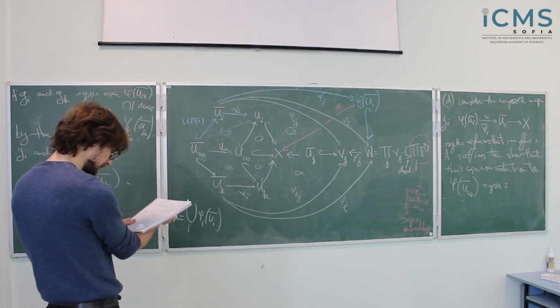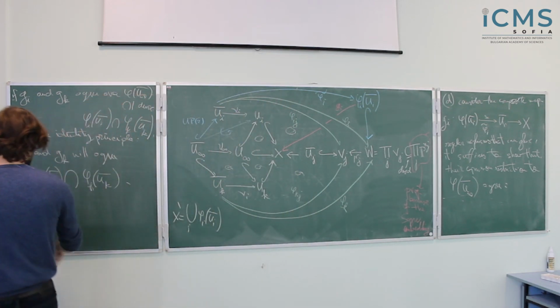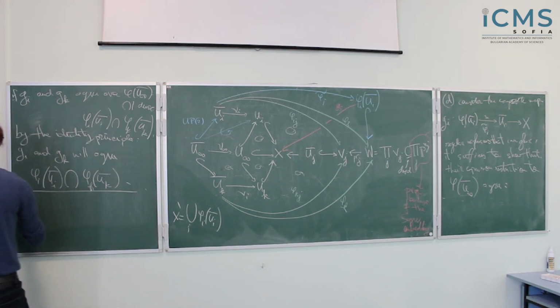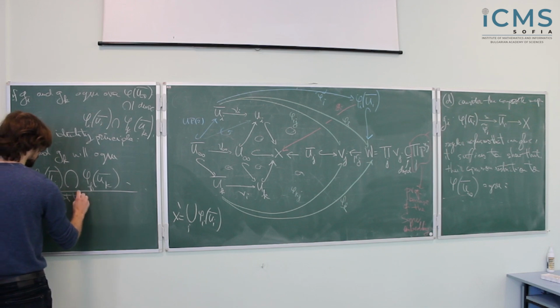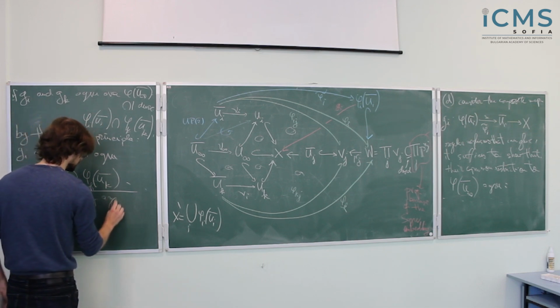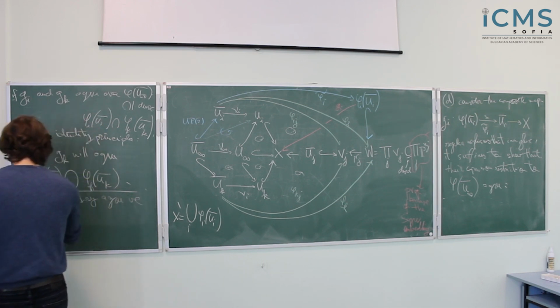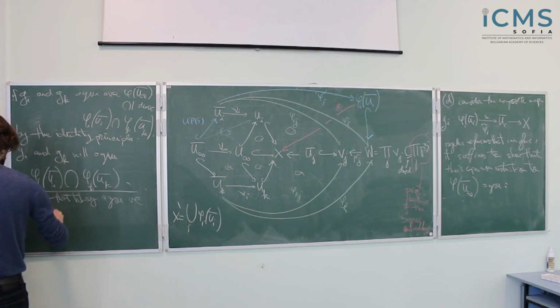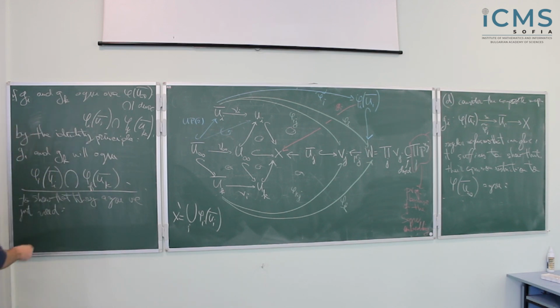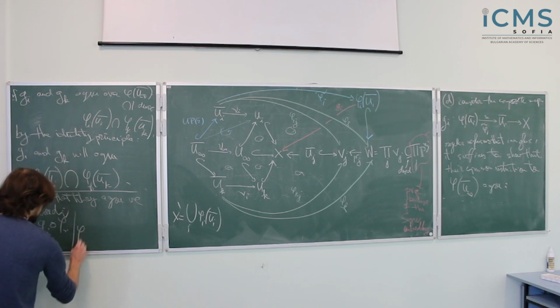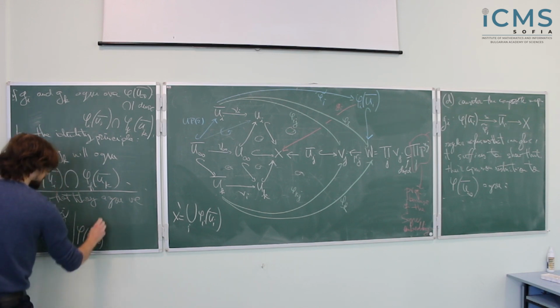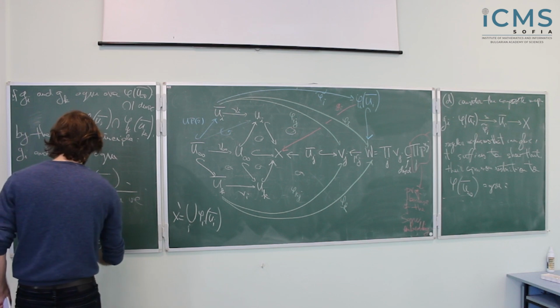Well, this is the interesting part: to show that they agree, you only need the following compositions to agree. If I take Ji composed with phi I tilde, and I restrict it to phi of u infinity, and then I do the same thing for the other one.